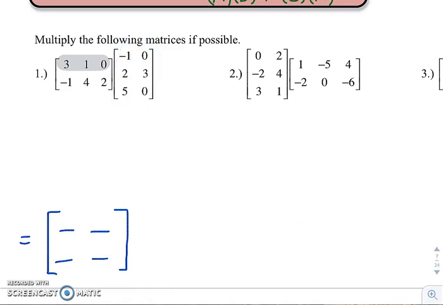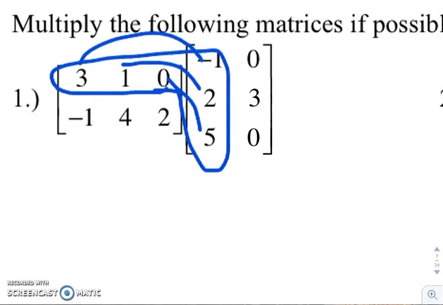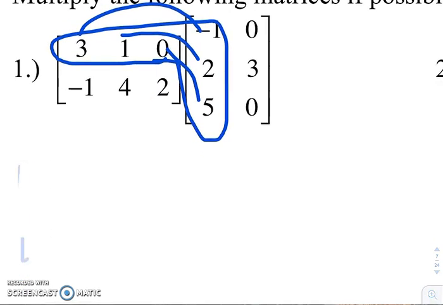You multiply these 3 in the row by those 3 in the column. So 3 times -1, 1 times 2, 0 times 5. I'm going to write this all out.